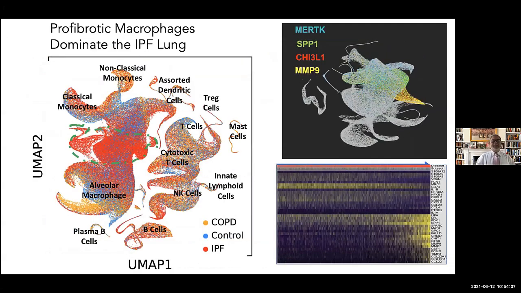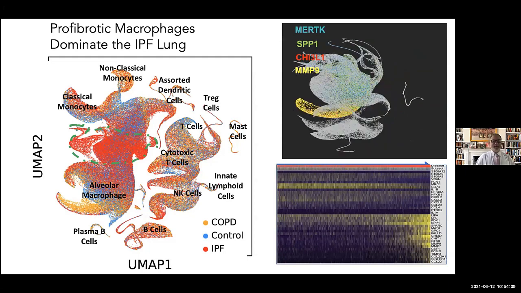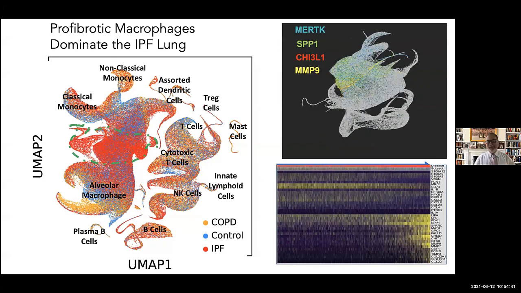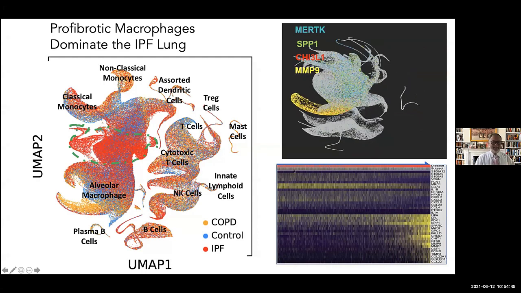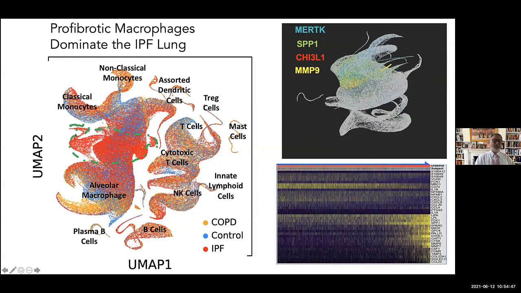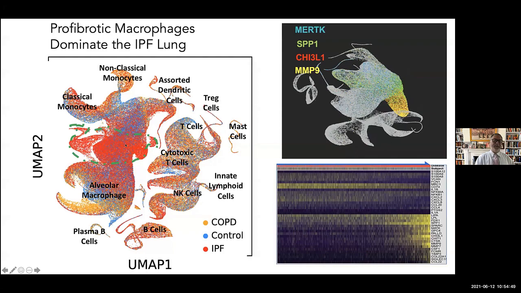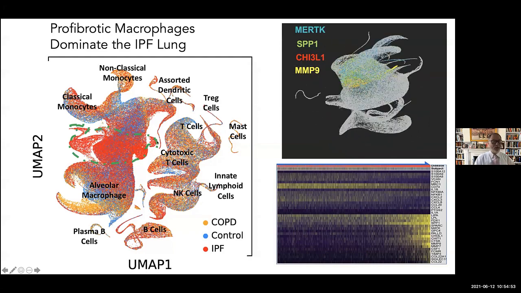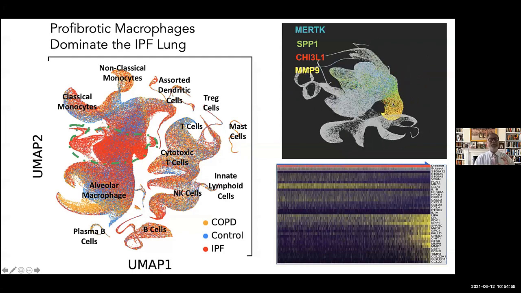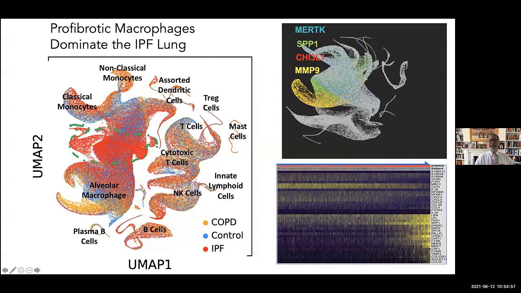The other thing, as I mentioned to you, is that we found these profibrotic macrophages. The only reason I'm showing you these figures is because they're beautiful and I like them, but also they show that this red population of macrophages is only in IPF patients or pulmonary fibrosis patients, and they have specific markers.